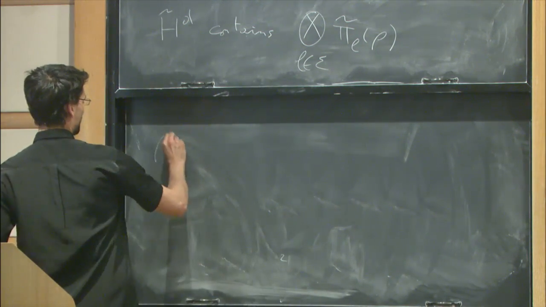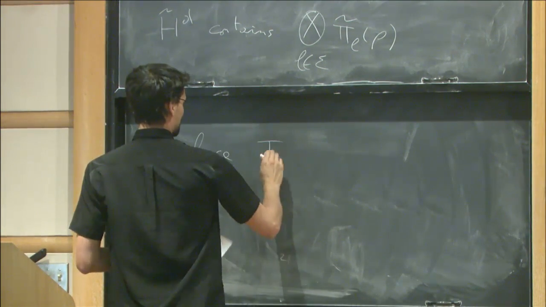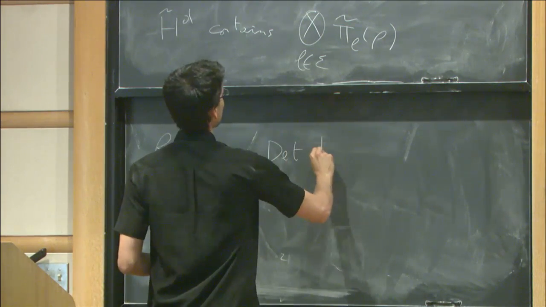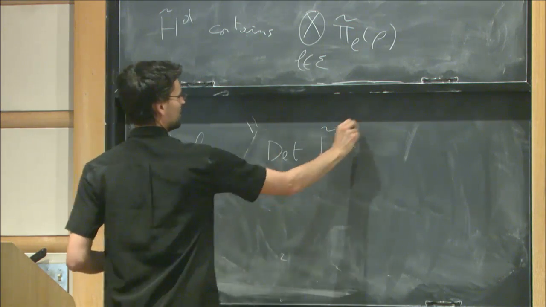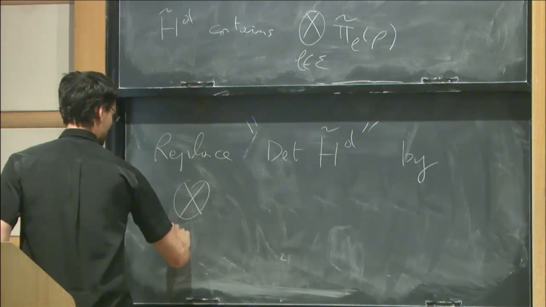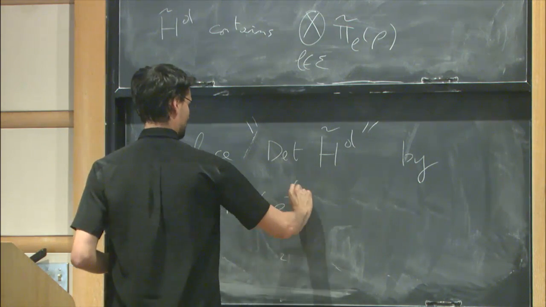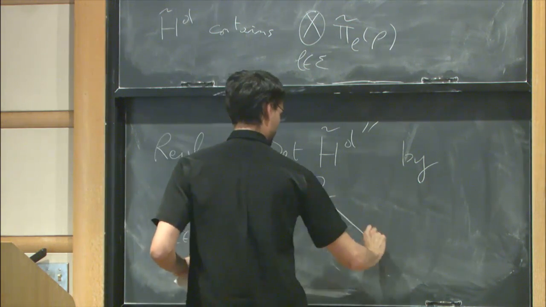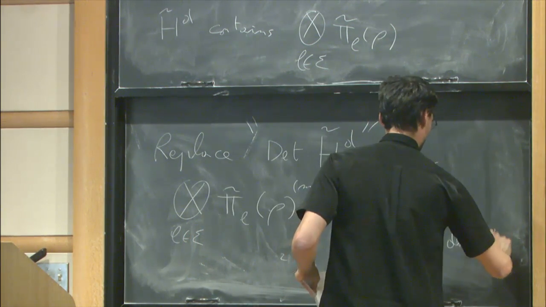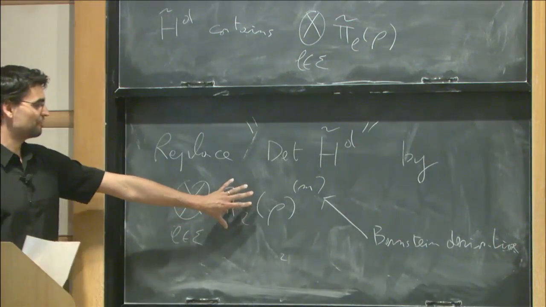So the solution is to replace the nonsensical determinant of completed cohomology by the top Bernstein derivative of this object.